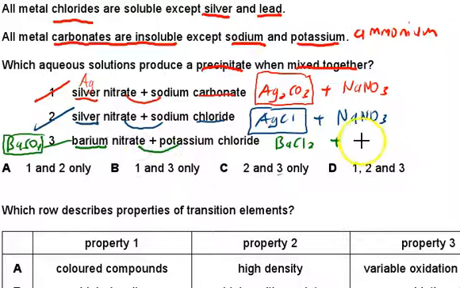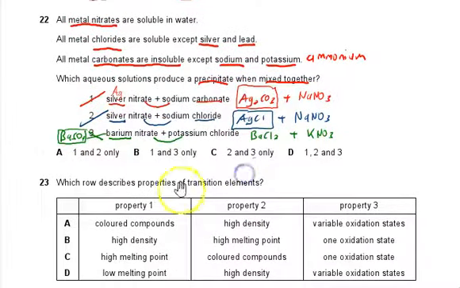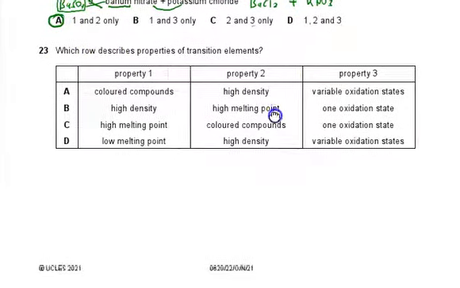Potassium nitrate, so we have here potassium nitrate. Both are soluble. So number 3 we cannot include. So your best answer here for this question is 1 and 2, which is A.